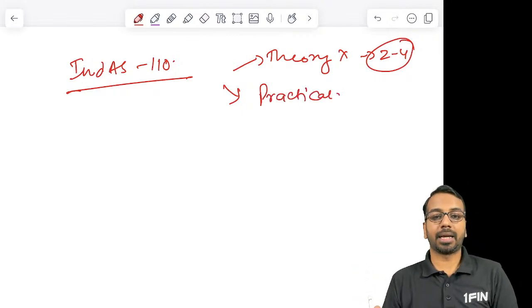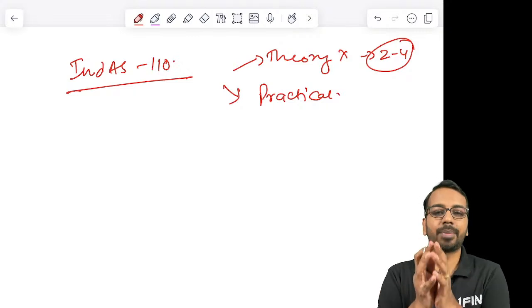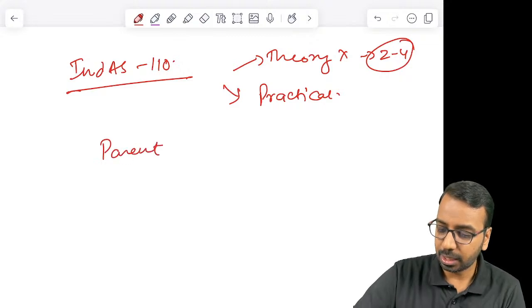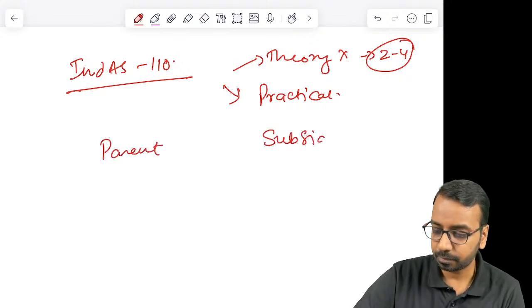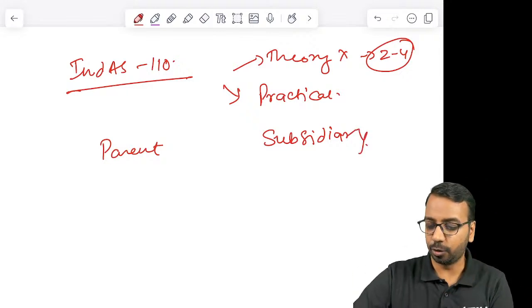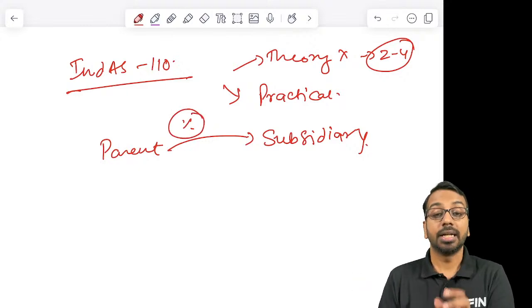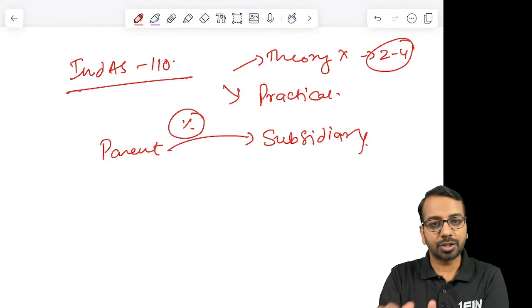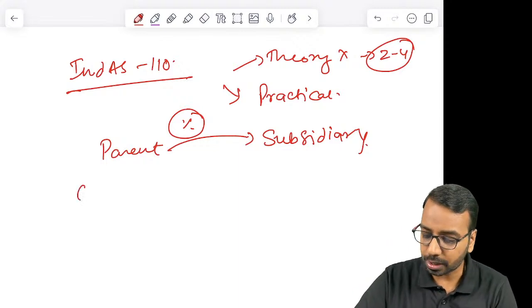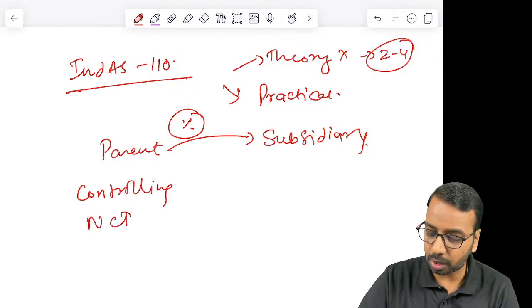Now when it comes to the practical question in the examination, the structure is very simple and predictable. You will have a company which is a parent, you will have a subsidiary, right? Now in this parent and subsidiary, the question will tell you the parent has some percentage stake in the subsidiary, or that the parent has so many shares in the subsidiary, and accordingly you have to calculate what is the controlling interest and what is the non-controlling interest.